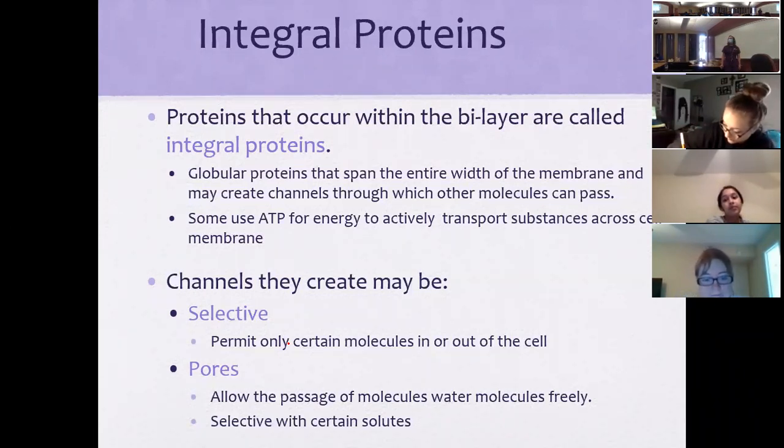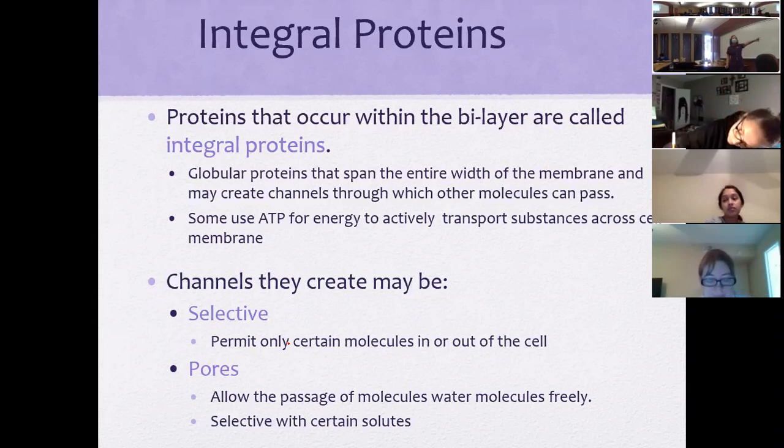So selective in my mind is like VIP status. It only allows certain molecules in and out of the cell. And then the pore is going to allow free passage as long as you're supposed to be there. You all can walk out that door, you can all walk back in that door.